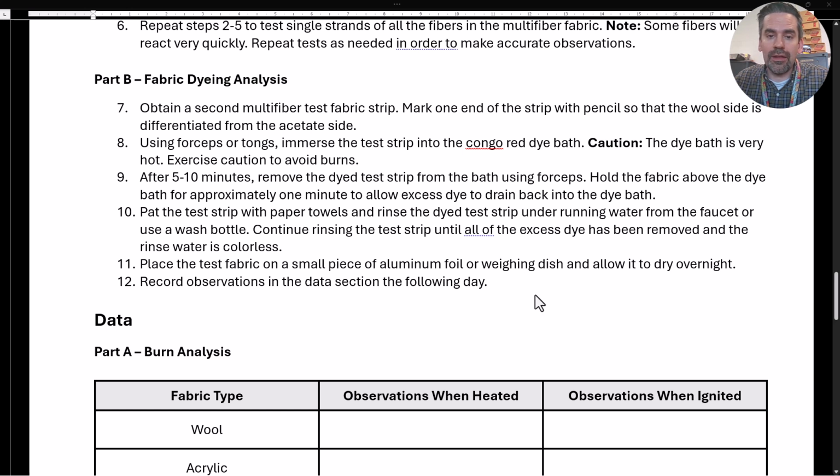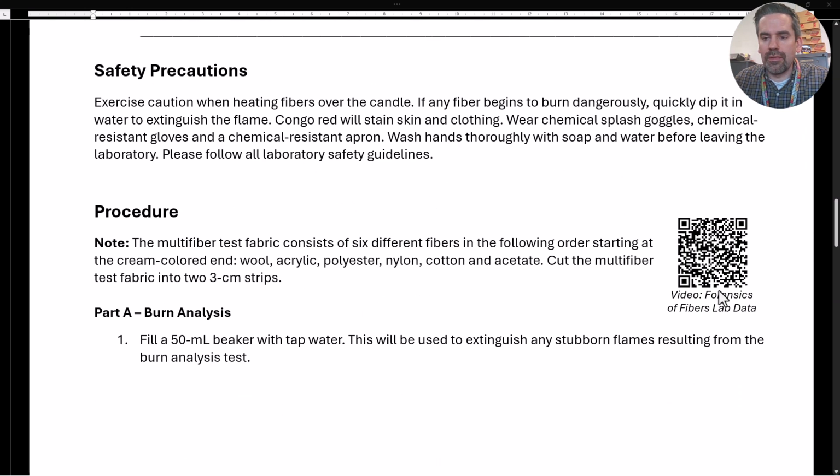If they have a great affinity, they're going to dye very easily. If they don't, then they will not dye very easily, and you're going to use the lab data for that. The lab data for the other one is in there as well, so you can take a look at that if you want to. But you're going to be burning these yourself.